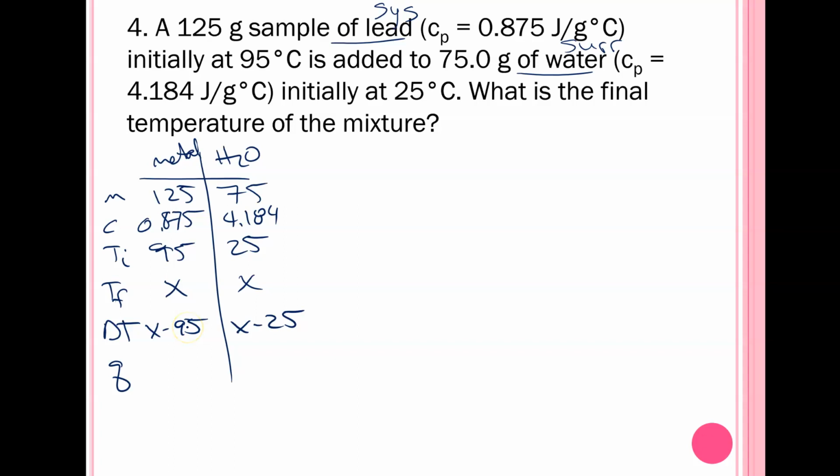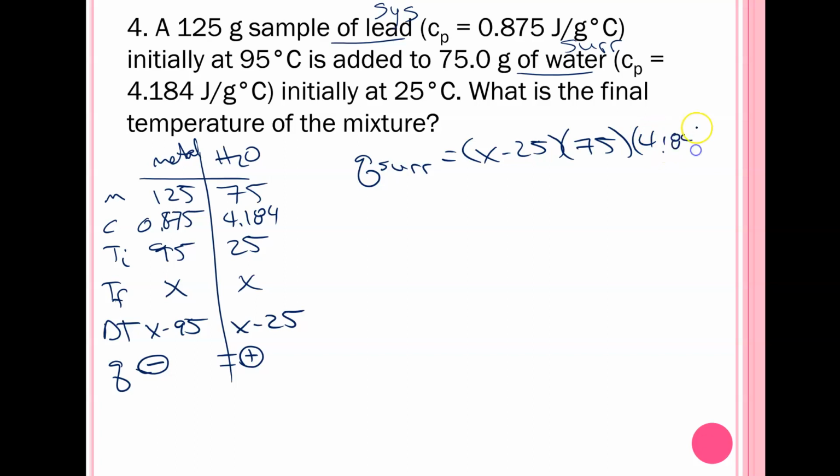I don't have the system or the surroundings where I have a number, but we do know that the heat lost by one system is equal to the heat gained by the other. So when I put this in, I'm going to put in the Q for the surroundings as X minus 25 is the temperature change, times the mass, 75 times 4.184. And when I do the algebra on the system, I'm going to do the same thing.